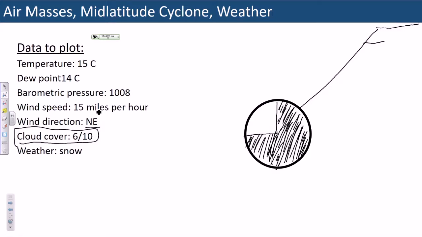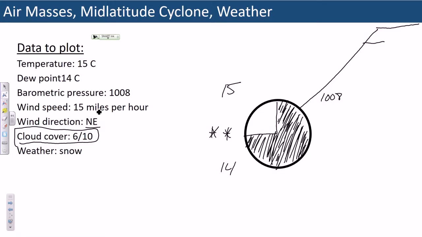Okay, atmospheric temperature is 15. That goes there. Dew point temperature, what do I have here? I've got 14. That goes right down there. Barometric pressure is 008. In this case, I'm just going to write it out, 1008. You don't have to abbreviate for this particular class. And then the current weather is snow, so I've got my little snow symbols on here.